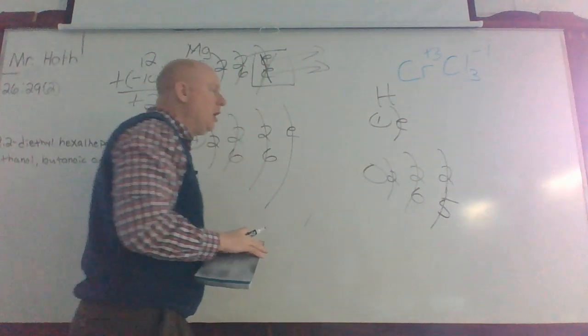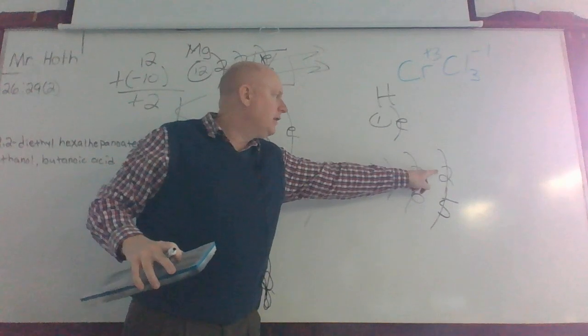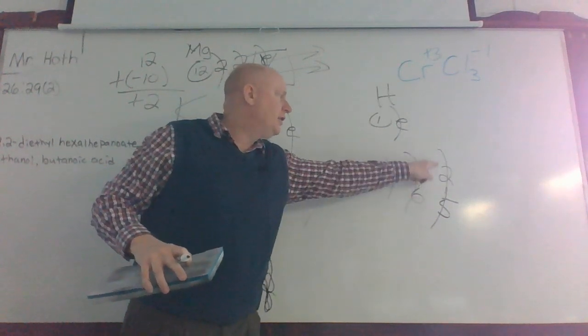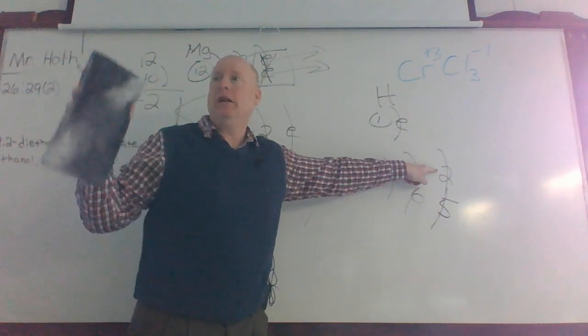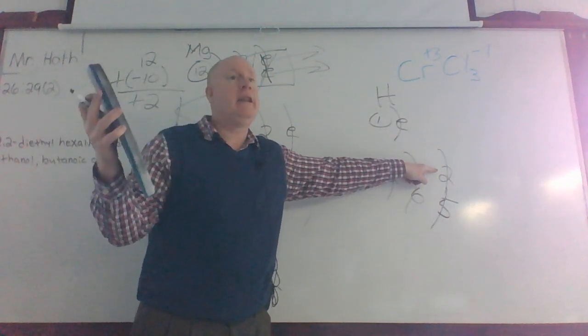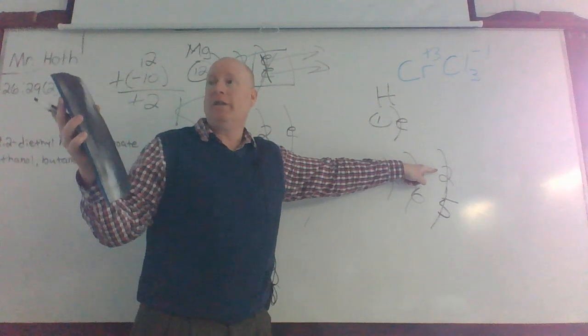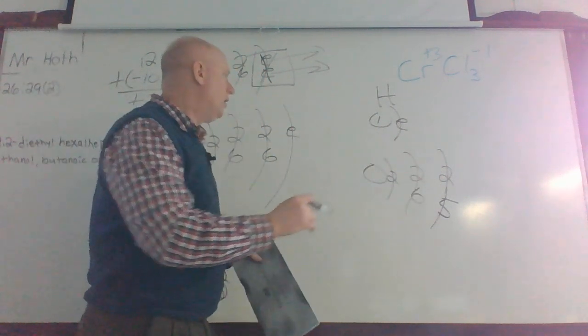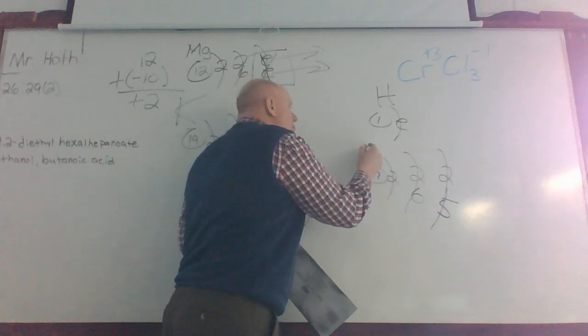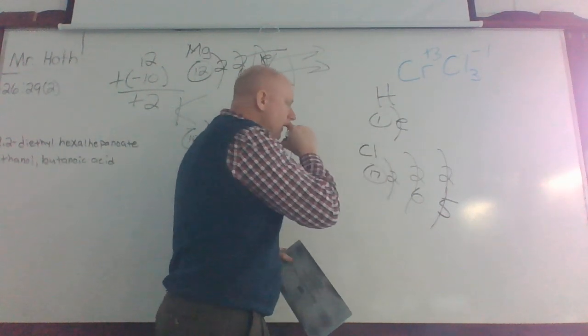Okay, so when you look at this, in the outer level there are 7 valence electrons. So that must mean it's which type of element on that table? What are they called in the 7? They're called halogens. Okay, so this is now chlorine, okay?